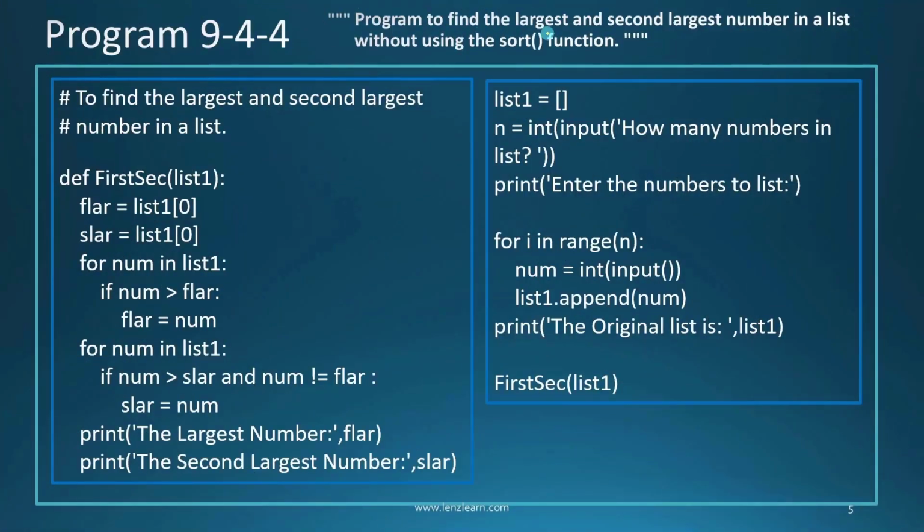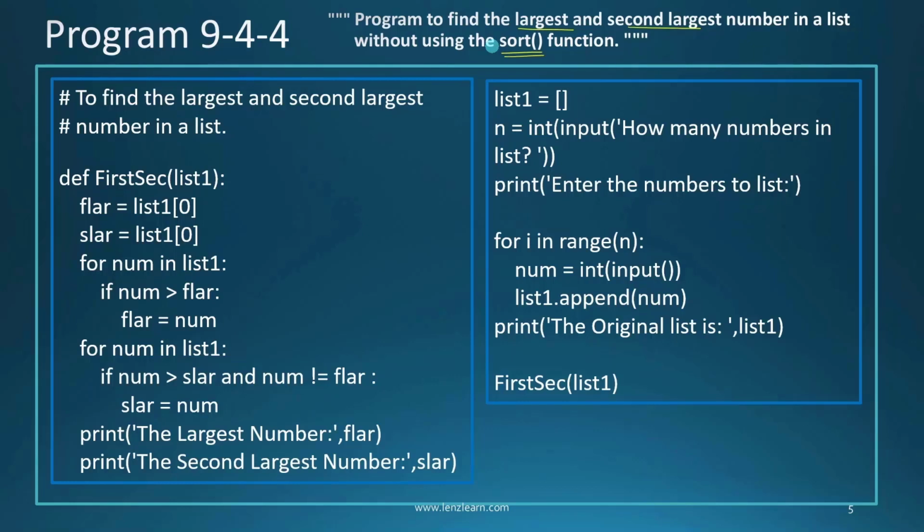In this program, we are asked to find the largest and the second largest number from a list without using the sort function. Here you can see the program is a little lengthier because we are not allowed to use the sort function. If you are allowed to use the sort function, then this program is really simple. Once you get the list, you just have to call the sort function on the list.